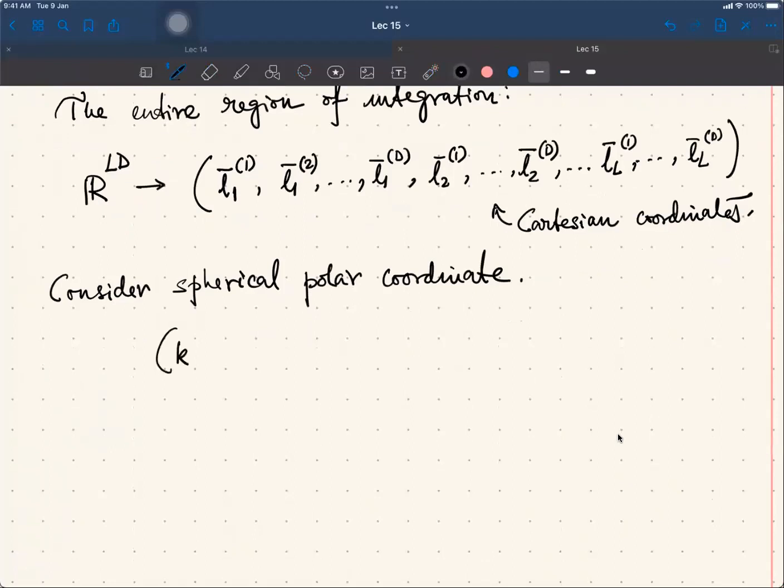Let us call them k, theta 1 to theta LD minus 1. There are LD minus 1 angular coordinates and one radial coordinate, which is k.